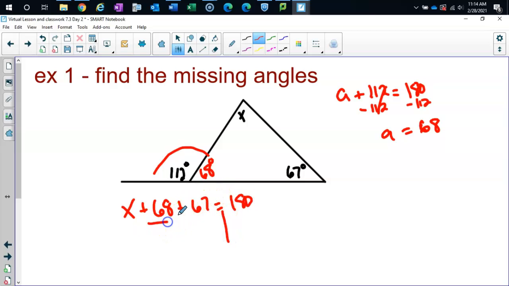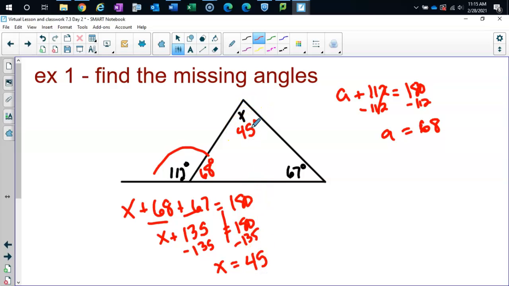I solve this by combining like terms on this side. x plus 68 plus 67, which is 135, equals 180. Subtract 135 from both sides, and we get x is 45. So this angle is 45 degrees. If you want to check that, you can add 45 plus 68 plus 67, and you will get 180.